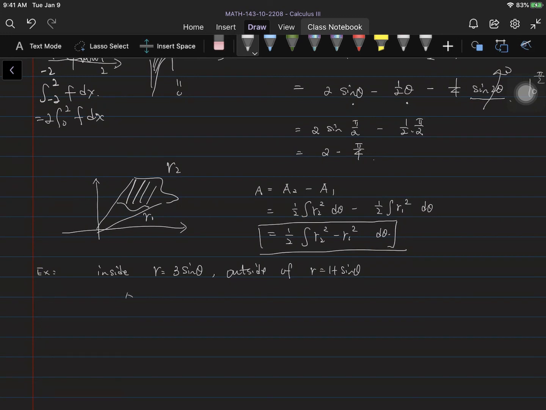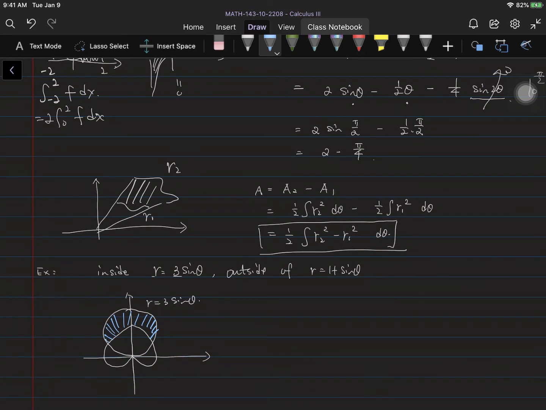Okay, so the graph looks like this. R equals 3 sine theta, which is a circle, looks like this. And the cardioid 1 plus sine theta, which is also heart shaped, looks like this. Okay, and now we want to find the region inside the circle, outside the cardioid. Should be this one.